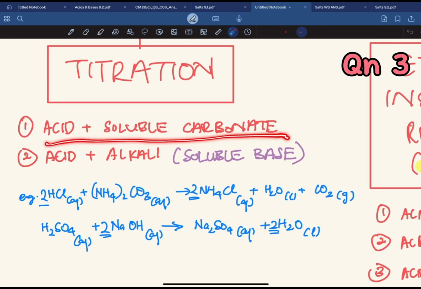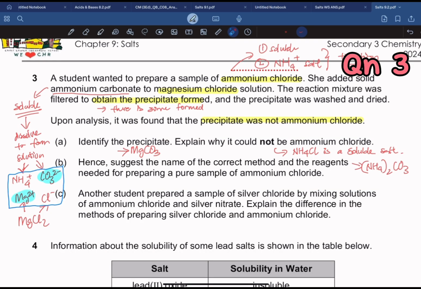Okay, so I have a soluble carbonate, ammonium carbonate, and an acid here. Which acid I use will depend on what salt I want to form. Here I want to form a chloride salt, so I will use hydrochloric acid here. Simple as that. Once you know the method, you know what salt you want to form, you can decide the reagents.